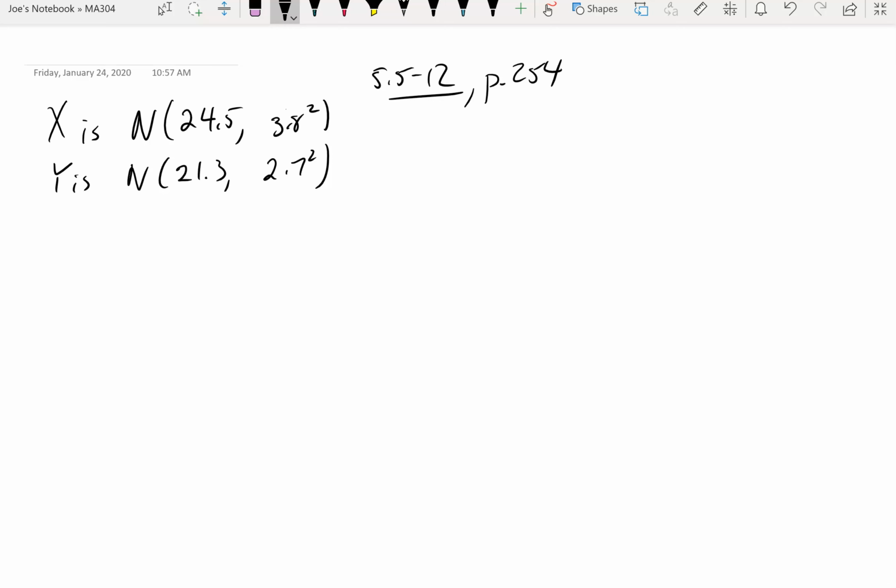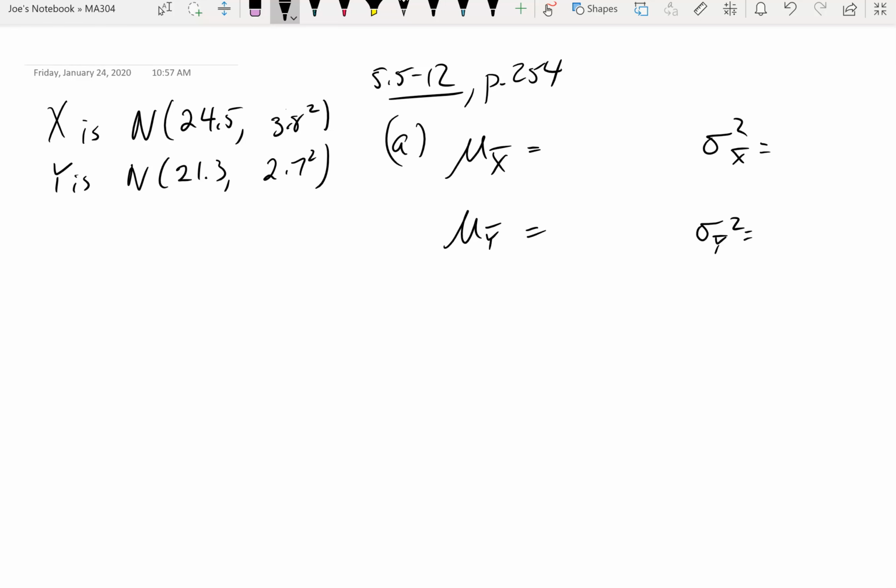All right, so for part A, it asks what are the means and the variances for the distribution of the sample means. This is doing a little more review from the stuff we talked about last semester.